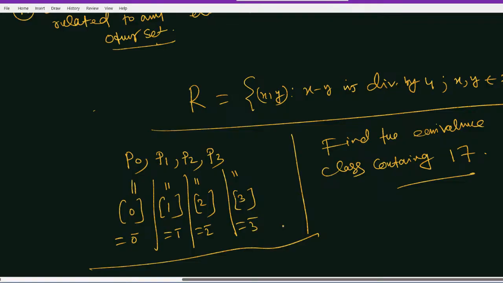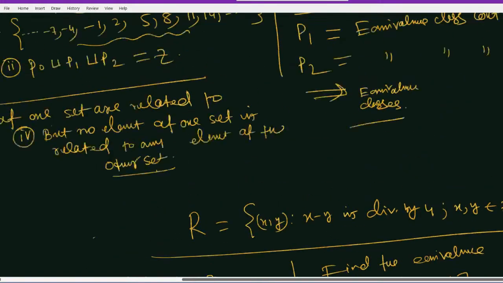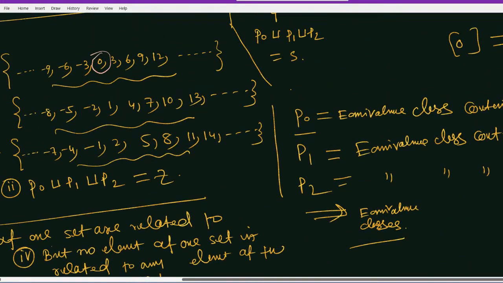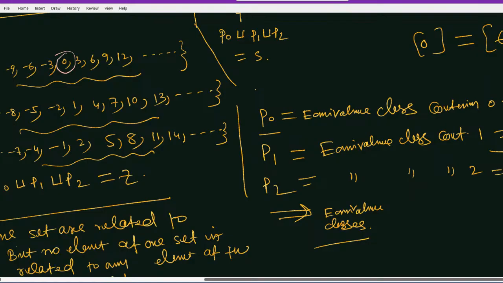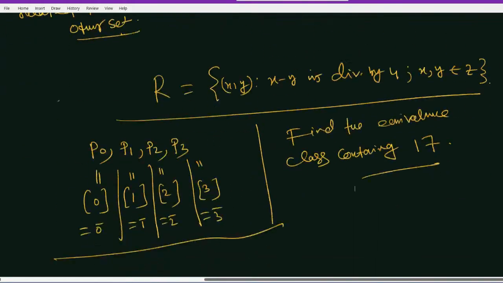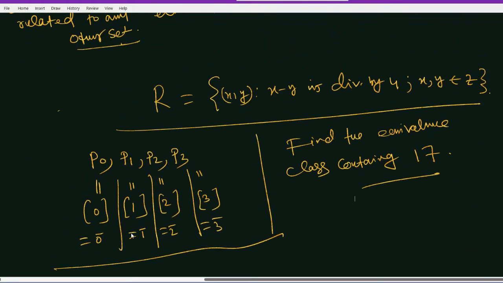The concept I told you already is that we can express one equivalence class in terms of any number of the set. That's why 0 is replaced by 6 in the element over there. And 2 is replaced by what? 8 or 11 or 14 or 5, whatever you can. So 17 will belong to which class? That you need to state.